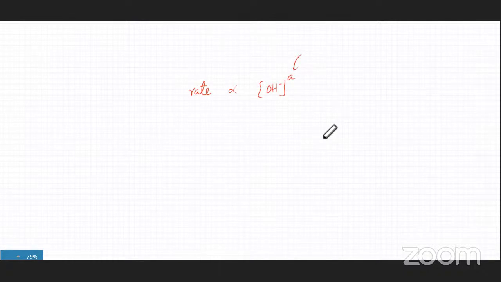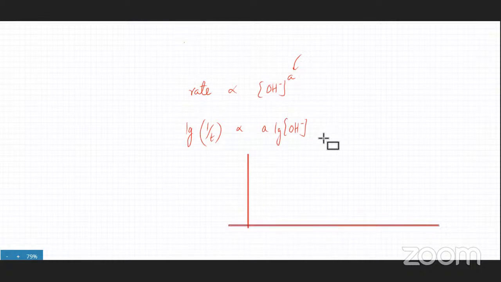Linear graph किस तरह होगा कि यार log ले लो, log of 1/time, ठीक है, rate 1/time है, versus दूसरी साइड पे भी log ले लो. तो अगर log लोगे ना, it would become log of OH- concentration. तो आपने प्लॉट क्या करना है, just go and plot the log of OH- concentration every time you're changing the OH- concentration.